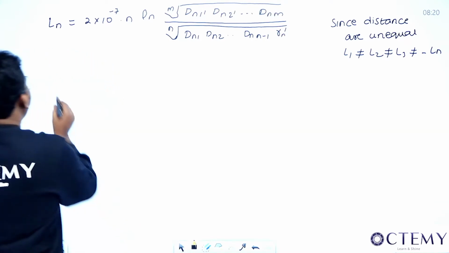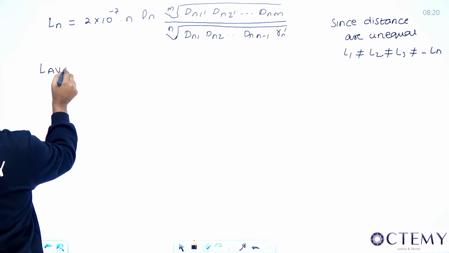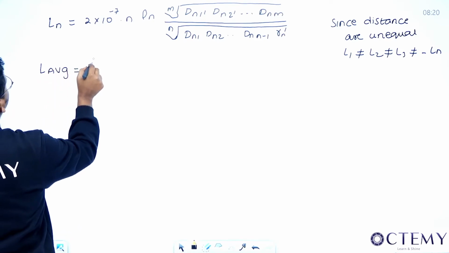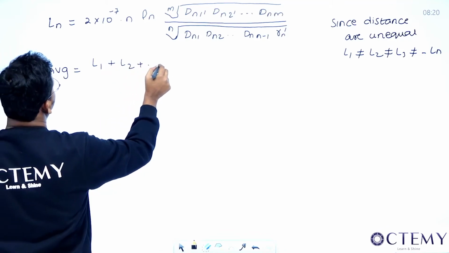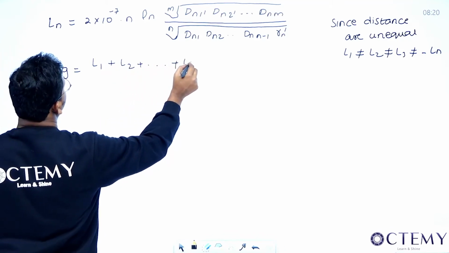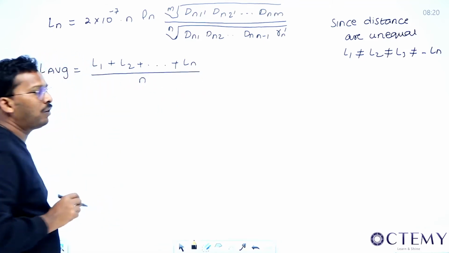L average, if I do that, I will get L1 plus L2 plus and so on plus Ln, divided by n. When you do the average, what will you get, sir?